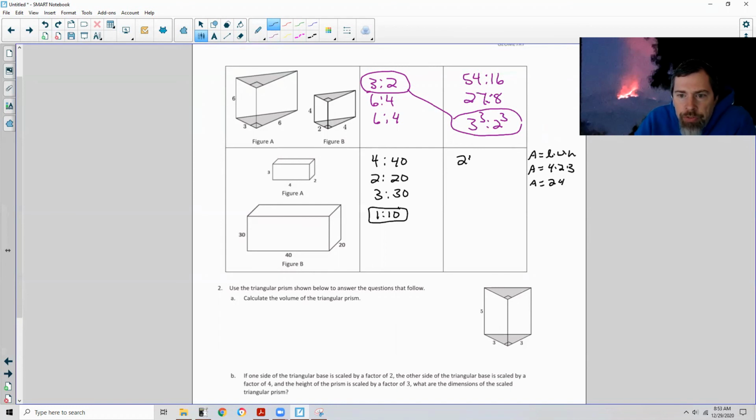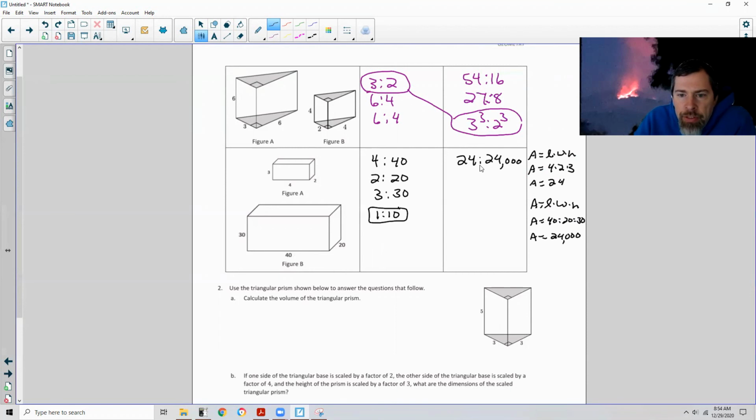And for the big one, the volume is length times width times height again, so 40 times 20 times 30. Okay, 4 times 2 is 8, 8 times 3 is 24, and we have 3 zeros. So it's 24 to 24,000.